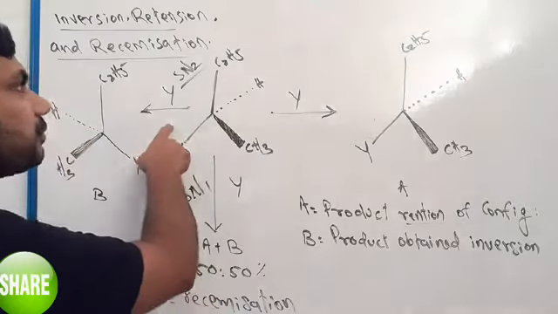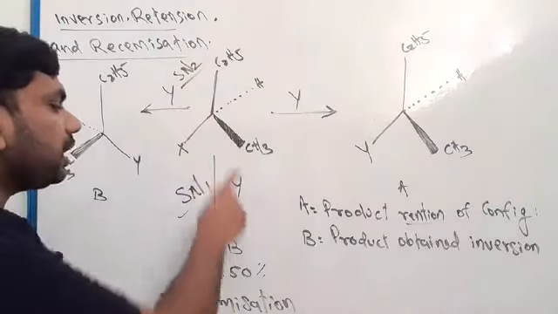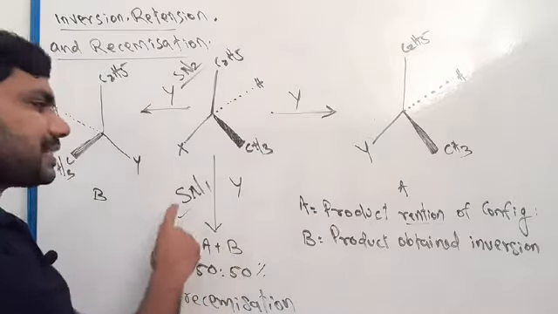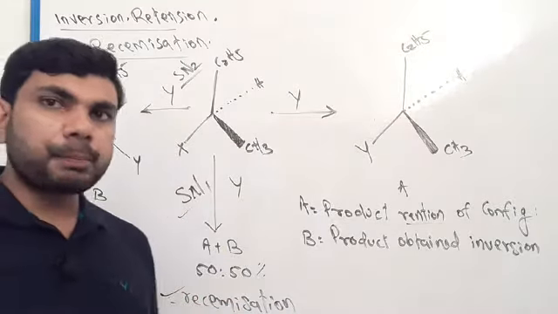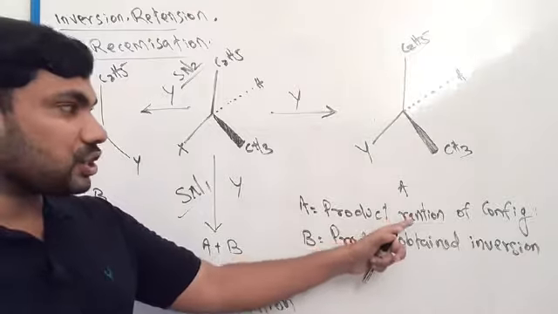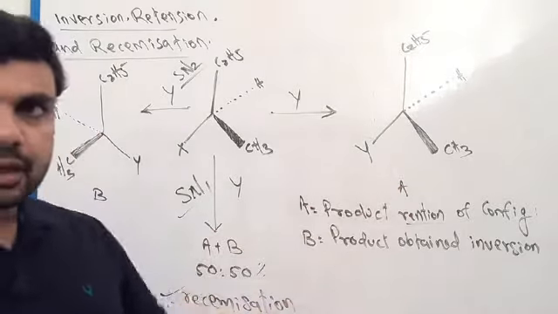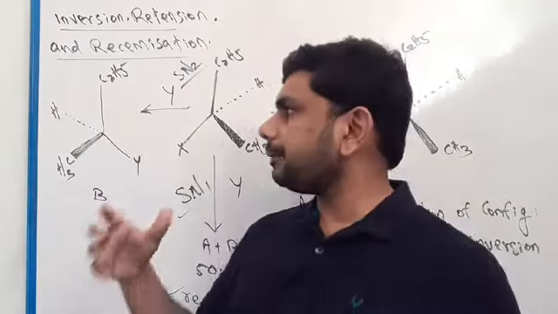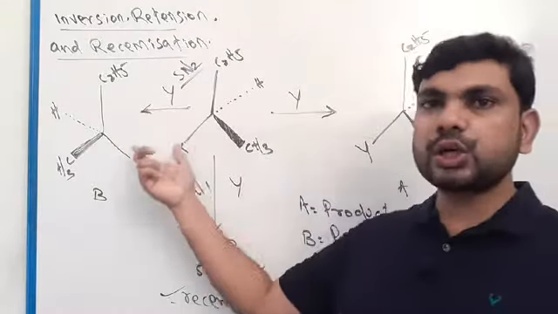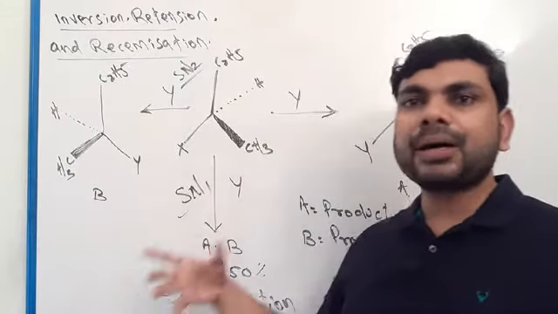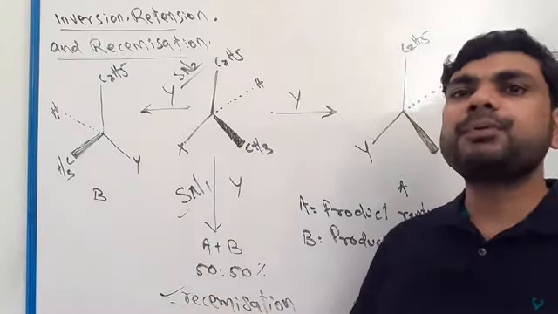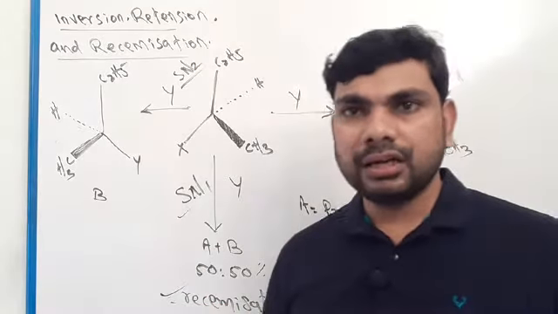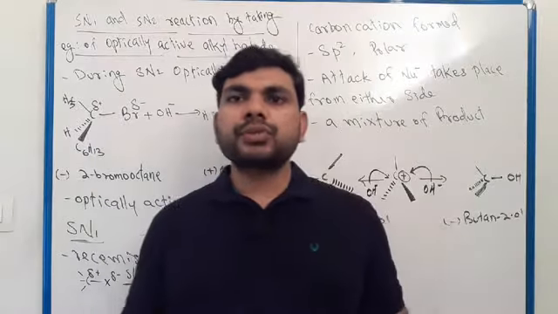This type of product is formed in the SN2 reaction, this type of product in the SN1 reaction. The product formed by retention is optically active. The product formed by inversion is also optically active, but with racemization, it is optically inactive. Clear? Okay, next one we have to summarize here.